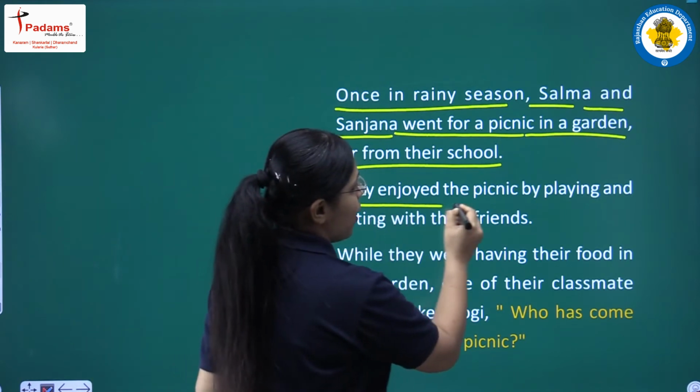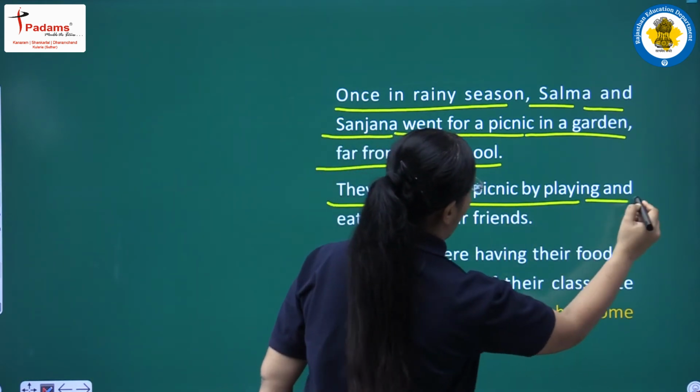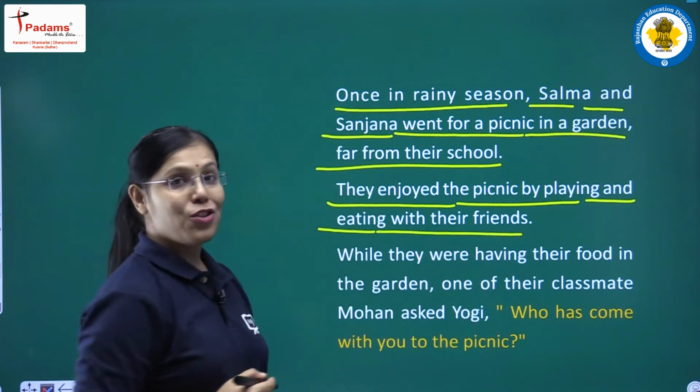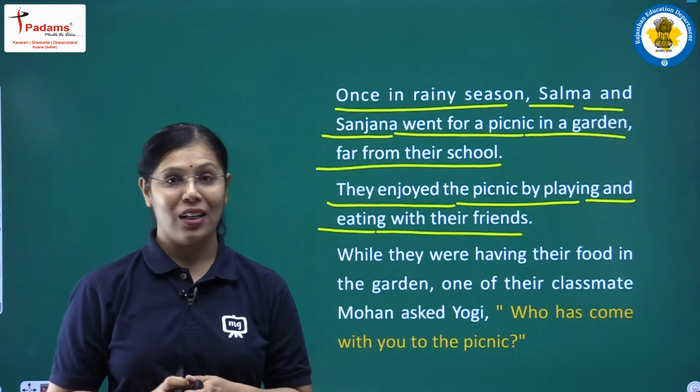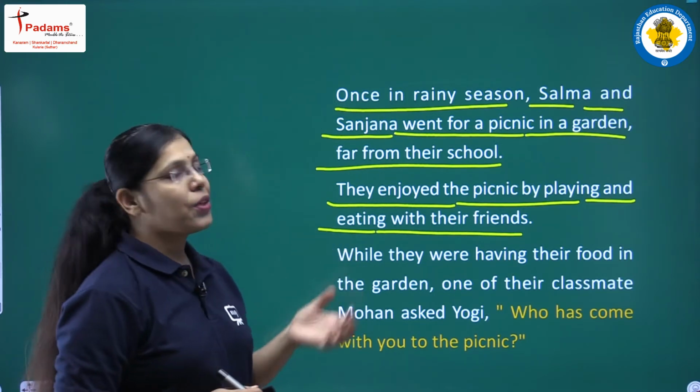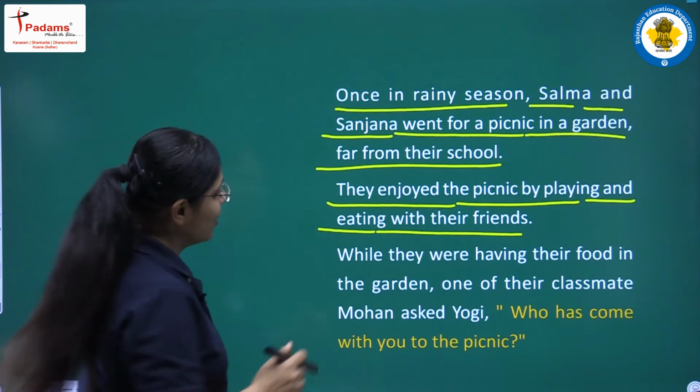They enjoyed the picnic by playing and eating with their friends. They enjoyed a lot while on picnic. They played a lot and also they were eating together with their friends.